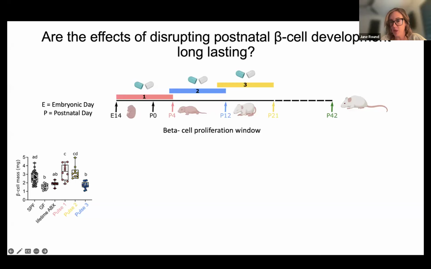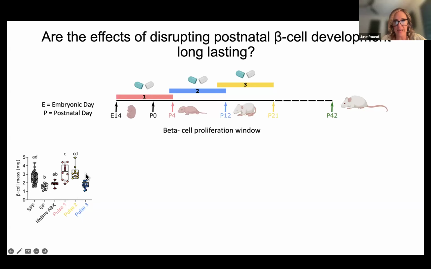In fact, there seems to be no perturbation to their beta cell mass. However, strikingly, when animals receive just 10 days of antibiotics between postnatal day 12 and postnatal day 21, this third pulse, if you will, we see a very dramatic influence on beta cell mass, in that just receiving those antibiotics during those 10 days makes those animals have the beta cell mass similar to a lifelong germ-free animal.